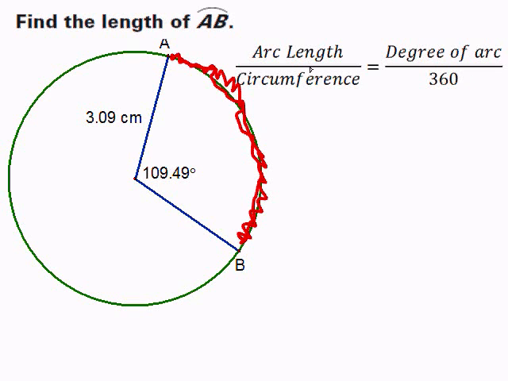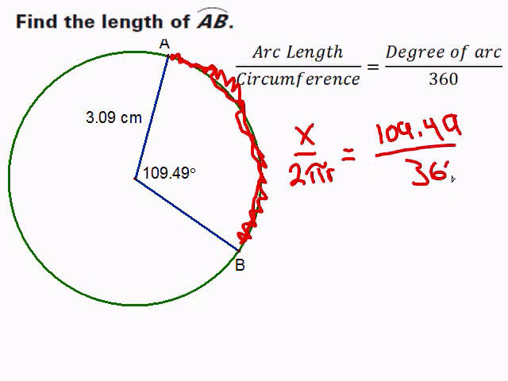So it's part of the circle over entire circle equals part of the circle over entire circle. Now our arc length, we don't know, so I'm going to call that x, over our circumference. We don't know that either, so I'm going to write 2 pi r for the circumference. It's equal to the degree of the arc, we know that, so I'm going to write 109.49 over 360.